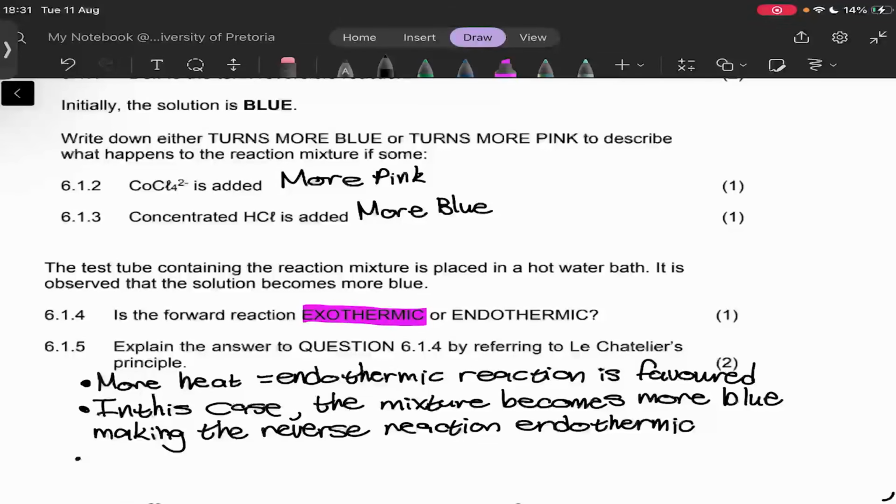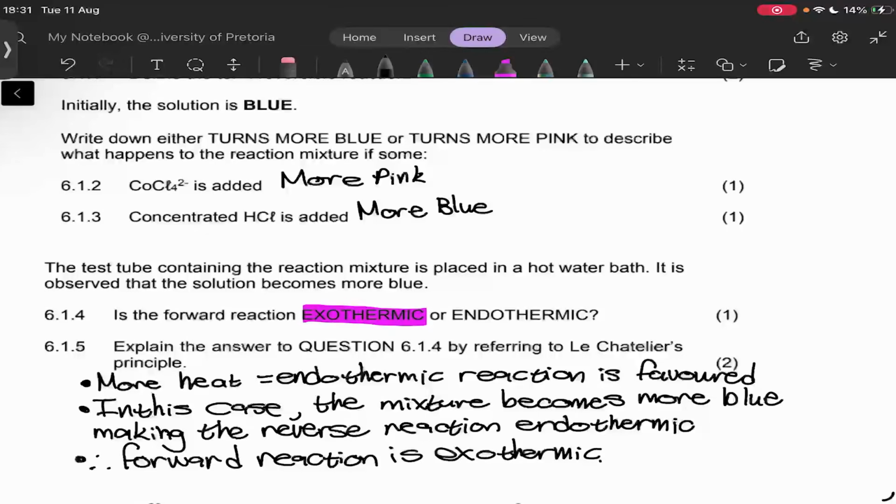And then therefore, the forward is exothermic. Cool. So that's what we have for that.